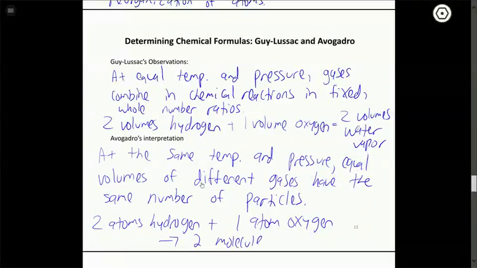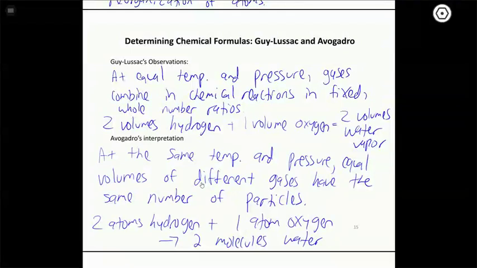In other words, these volume ratios that we observe are exactly equivalent to what's happening at the microscopic atomic level. And so his interpretation allowed that. And so by keeping close track of the ratios of how gases combine with each other, you can then determine the exact chemical formula of a gas molecule, which in this case would be 2 hydrogens, 1 oxygen, H2O. All right, so that allows that to be interpreted. Yes?